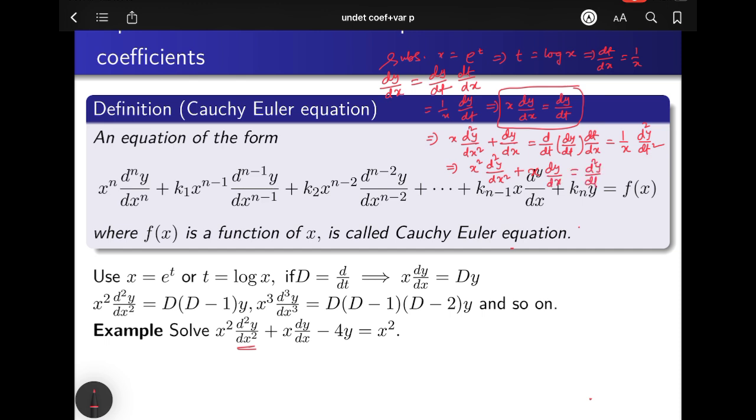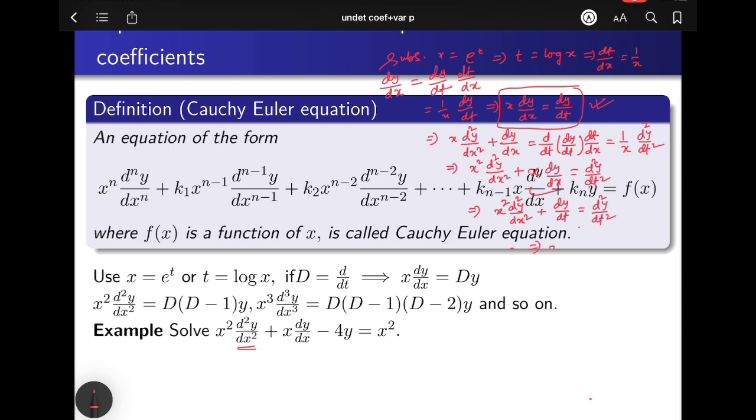to d2y dt2. Now this term x dy dx, already you had x dy dx equal to dy dt. That means x square d2y dx2 plus dy dt is equal to d2y dt2.